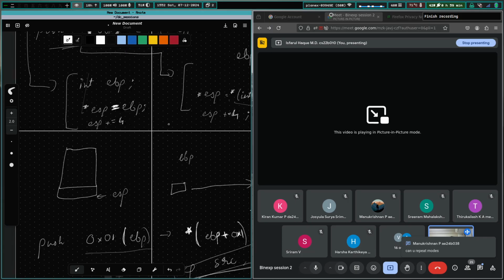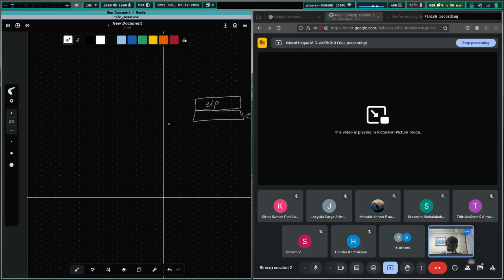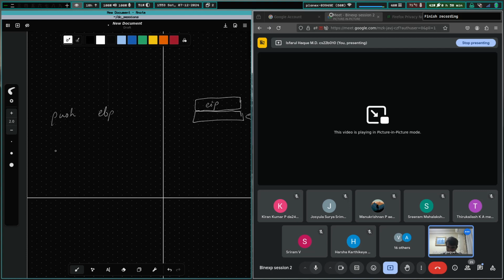So there are only two modes so far, three. I am giving reference with respect to push, but it doesn't matter. Negative can also come here in the first case, and this has to be a hard-coded value.